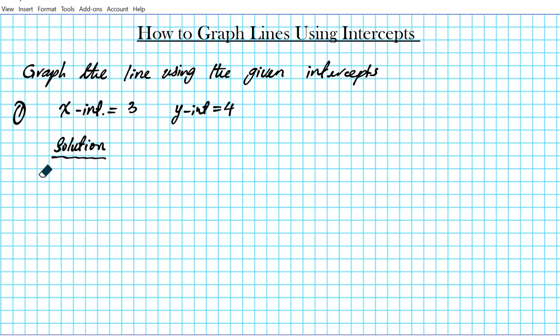Now let's take a look at the x and y intercepts first. Now, what does an intercept mean? If the x-intercept is 3, that basically means the graph cuts the x-axis at the value x equals 3. All right? And it also tells us the point that the line goes through.